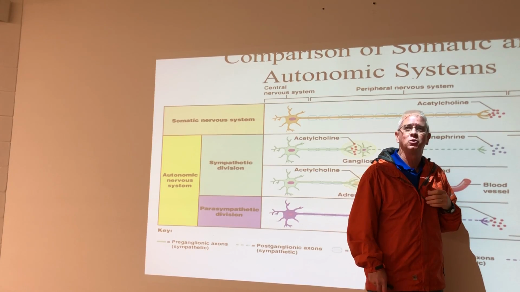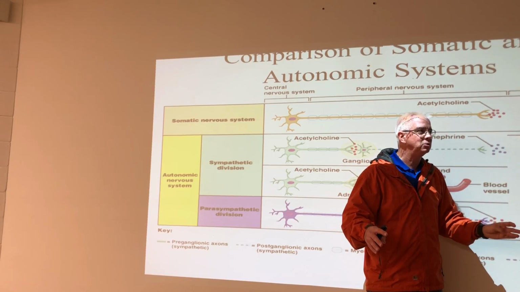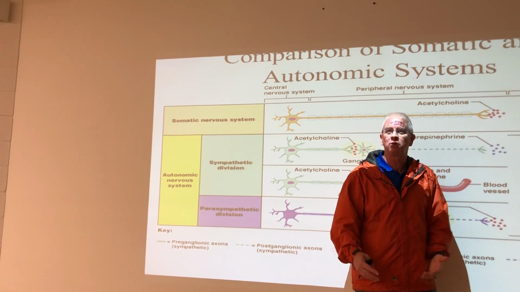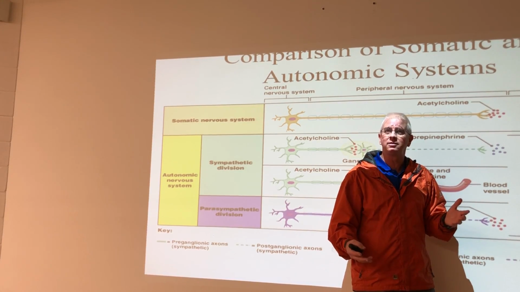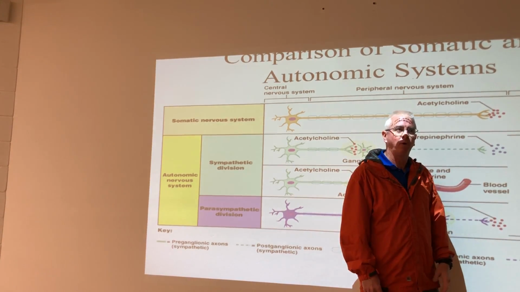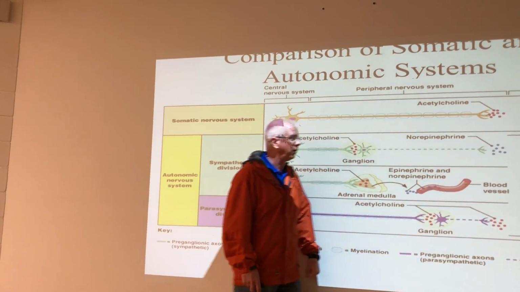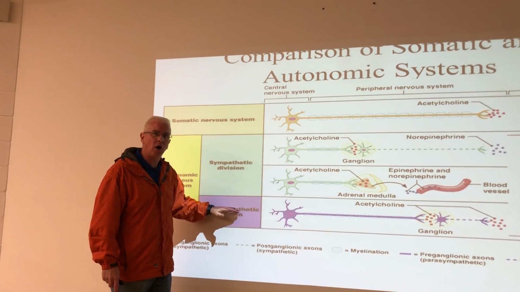Then action potentials will occur along the sarcolemma, passing down the transverse tubules, causing calcium release from the terminal cisternae. Am I ringing bells? This is what you've just learned, the somatic pathway. This shows you the acetylcholine being released here. All right? The rest of this is the autonomic nervous system.